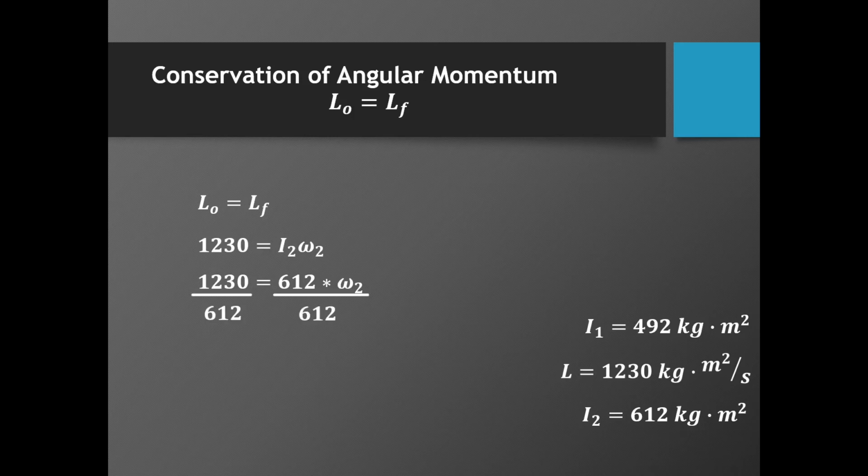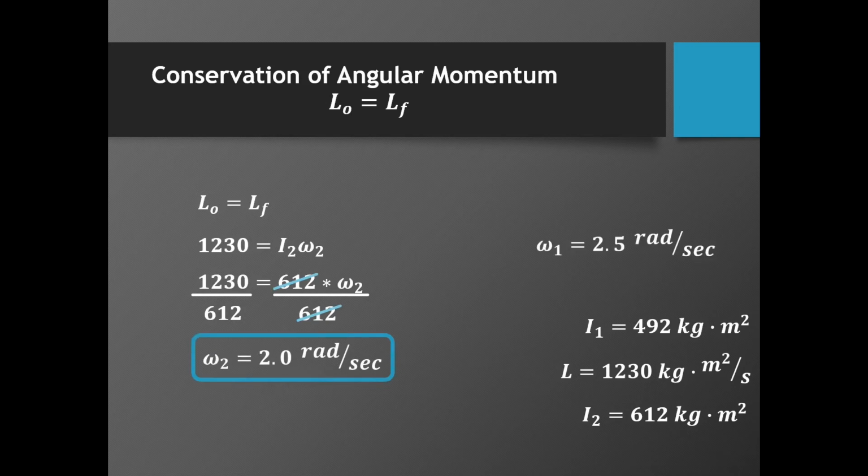So we divide both sides by 612, and we get our new angular velocity is going to be 2 radians per second. Now recognize that initially we had an angular velocity of 2.5. That's how we found the moment of inertia, and the moment of inertia times the angular velocity found the angular momentum initially.